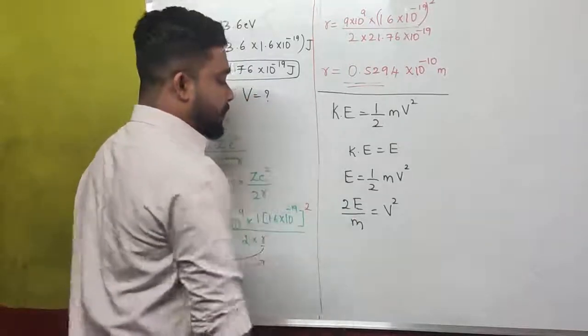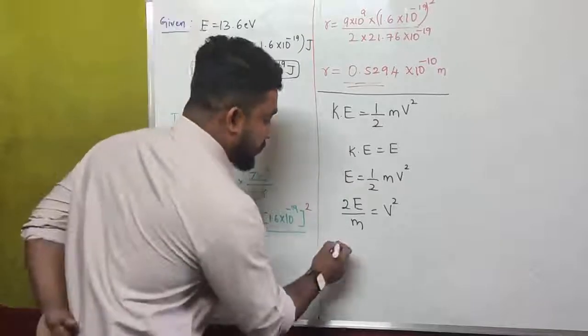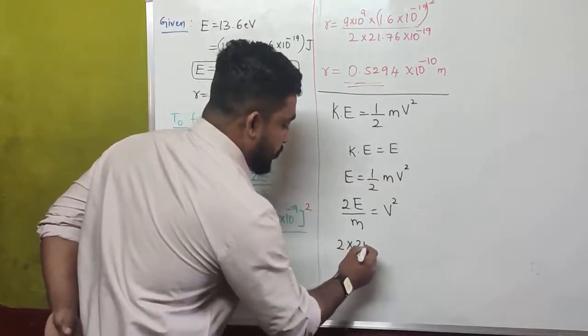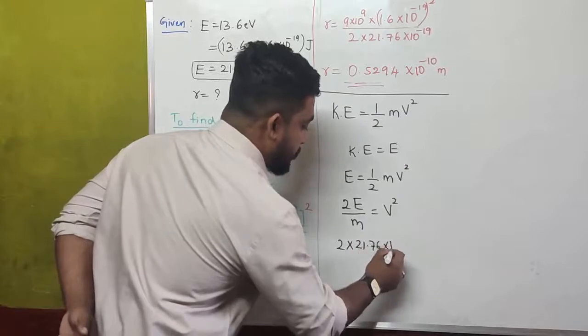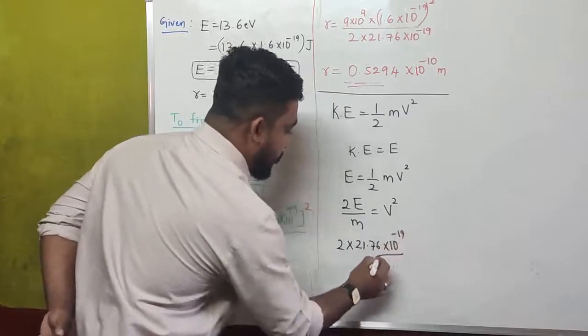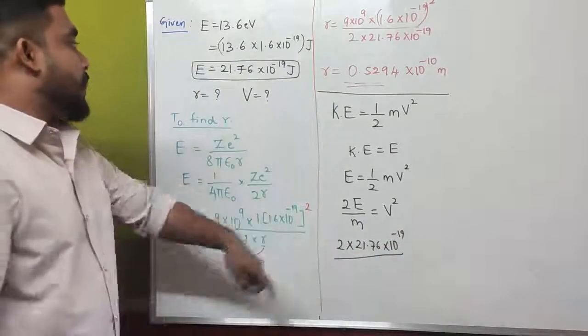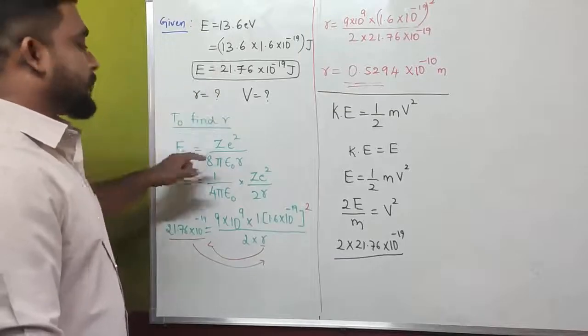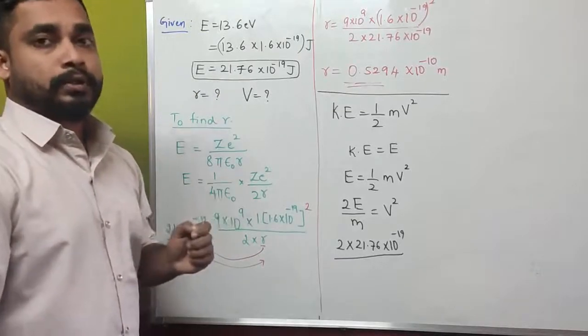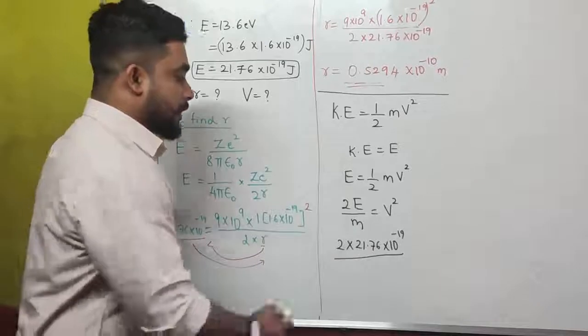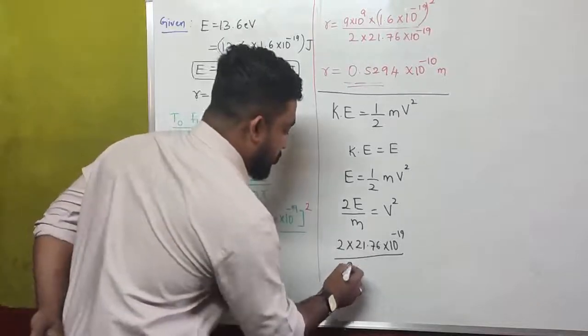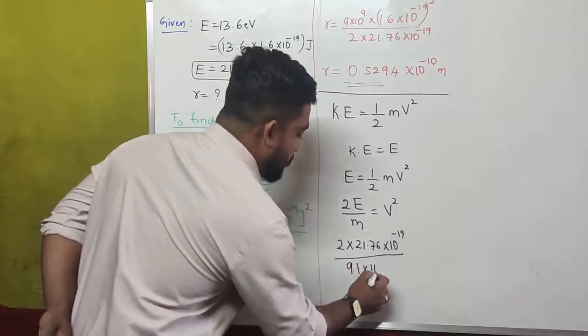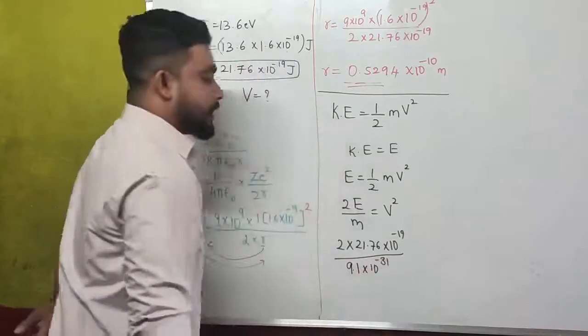If we substitute the values of E and m, we get 2 into 21.76 × 10^-19, whole divided by m. What is the value of m? m is the mass of the electron, which is equal to 9.1 × 10^-31 kg.